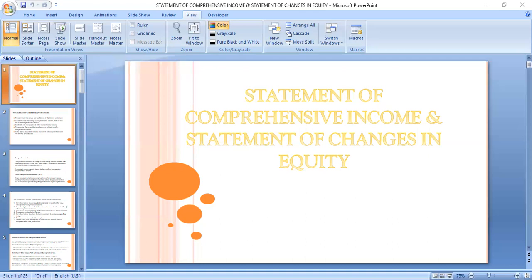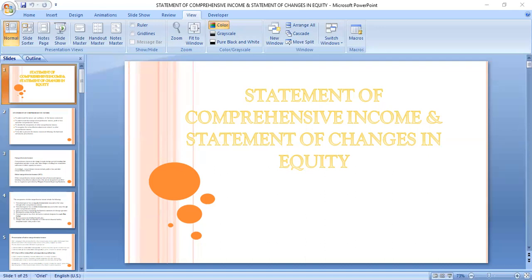Thus, expropriation loss and casualty loss from earthquake, typhoon, flood, fire, and other natural disaster are considered components of the income from continuing operations. In the previous slides, they were mentioned and they are considered to be other expenses.